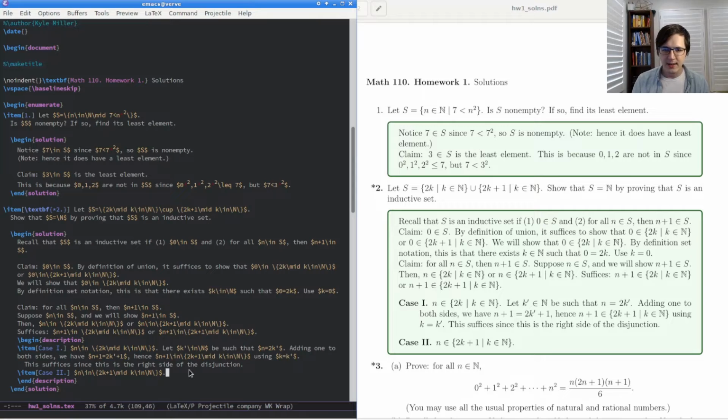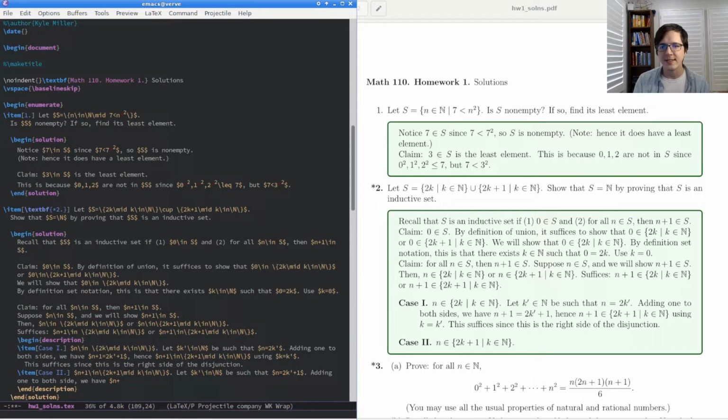Okay, so now the second case is n is in 2k plus 1, so let's let k prime and n be such that n equals 2k prime plus 1. And then adding 1 to both sides, we have n plus, oh, oops, that is not the right second case, is it?